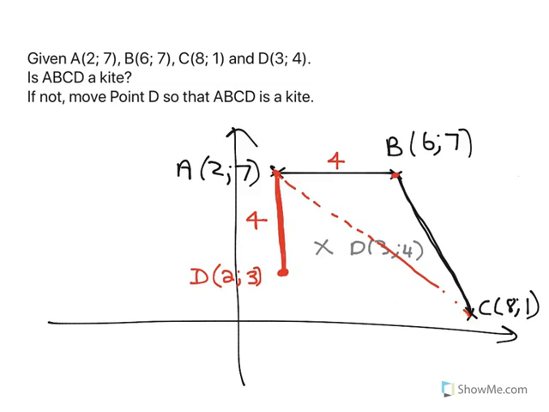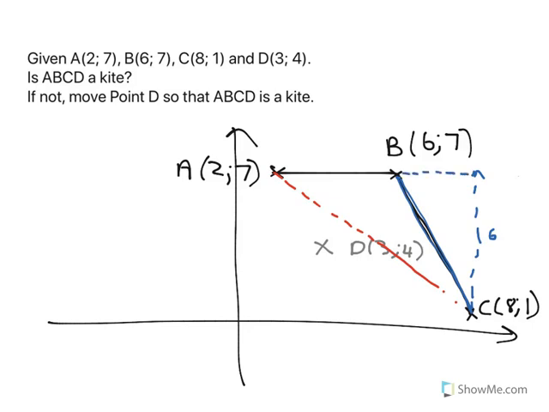Okay, or another way that you could have thought about it is, you might have thought about it as I need to replicate this side over here as well, right? And so how you could do that is you could say, well, how many units am I climbing to go from C to B? I'm climbing 6 units, and then I'm running backwards for 2 units, right?